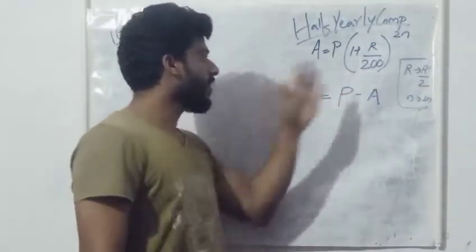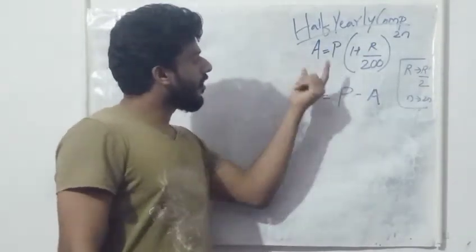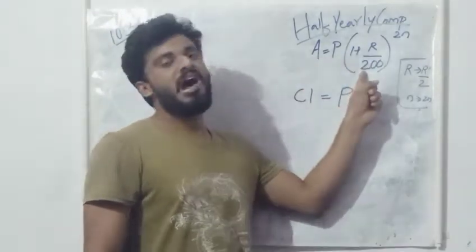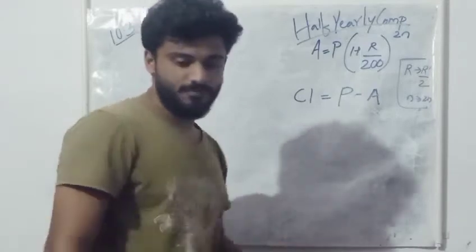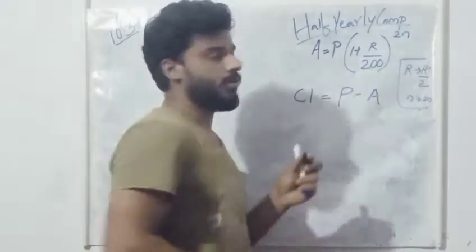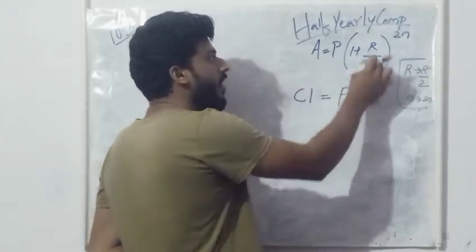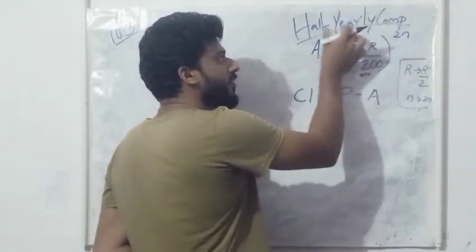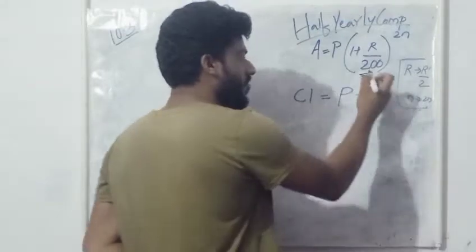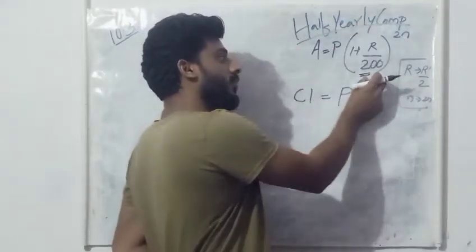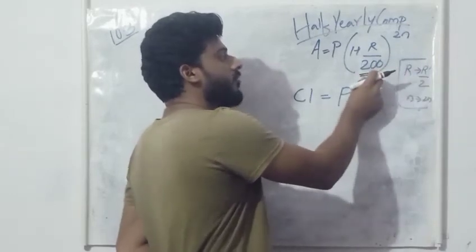The amount earlier was principal into 1 plus r by 100. Earlier it was 100 when we were compounding yearly, per annum, but here we are doing half yearly, so the difference is 200.